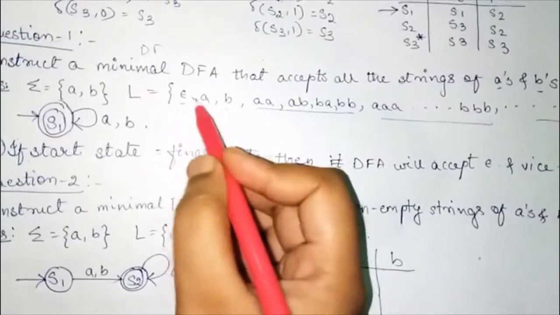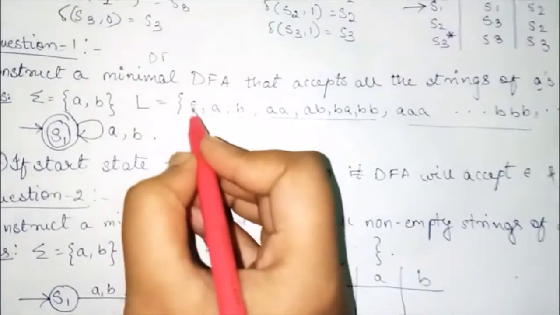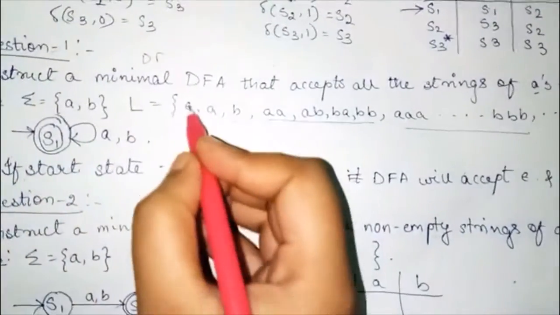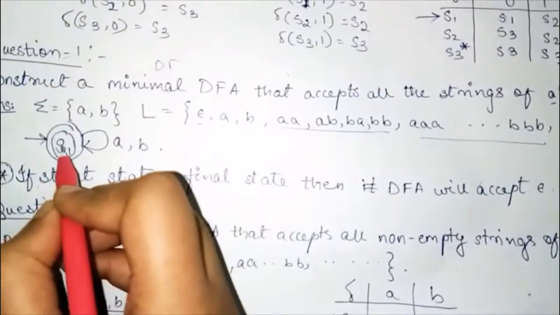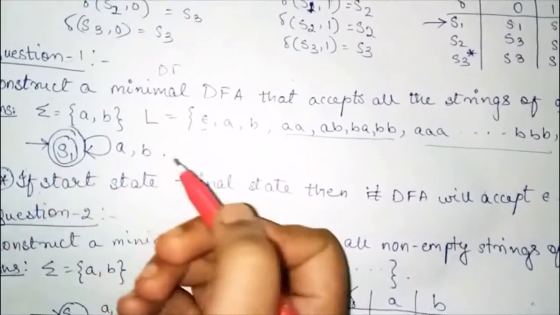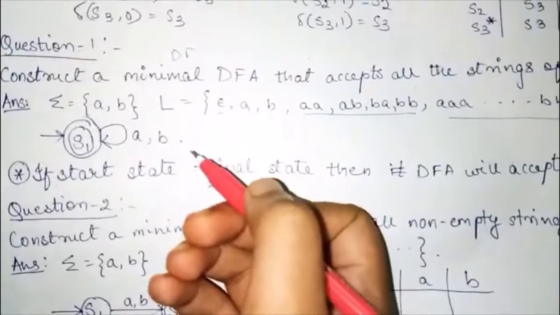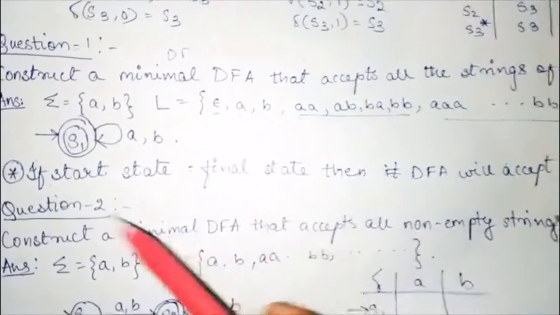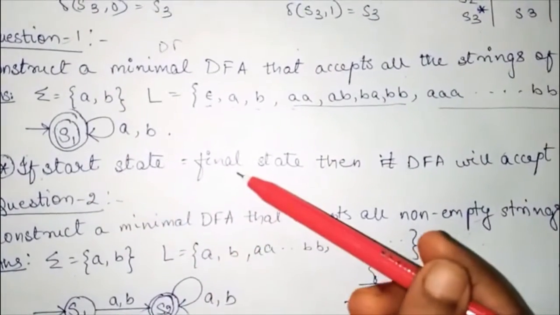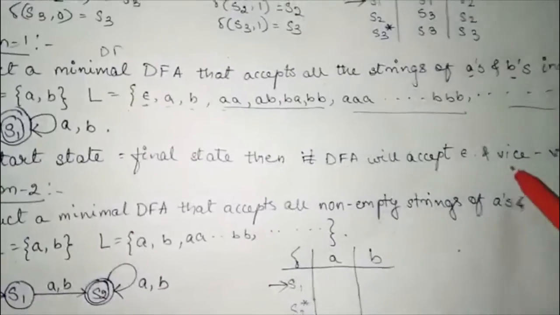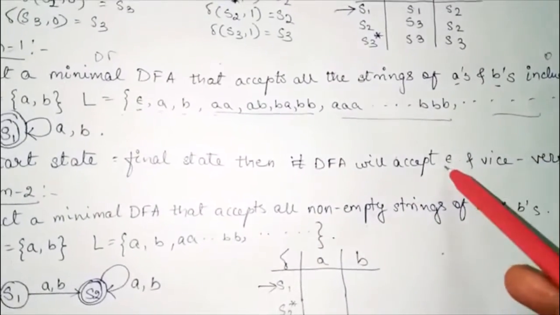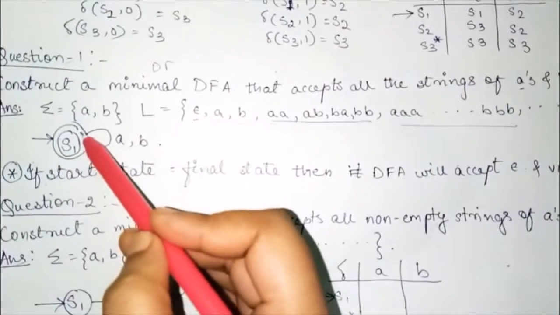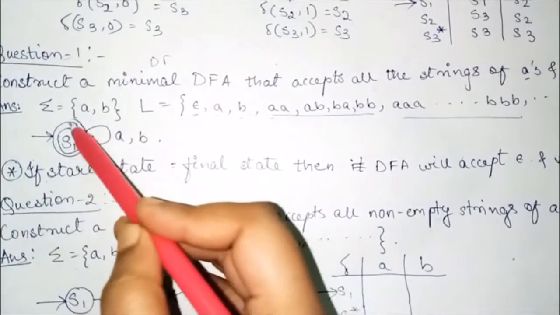So I have to make a DFA that will accept epsilon. So whenever I start the transition, it should reach the final state. That means my start state is equal to final state. It is accepting epsilon. So I have to make the start state as final state.